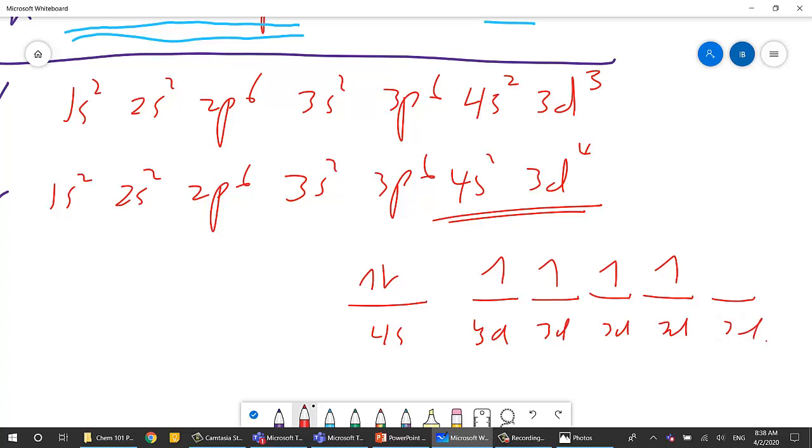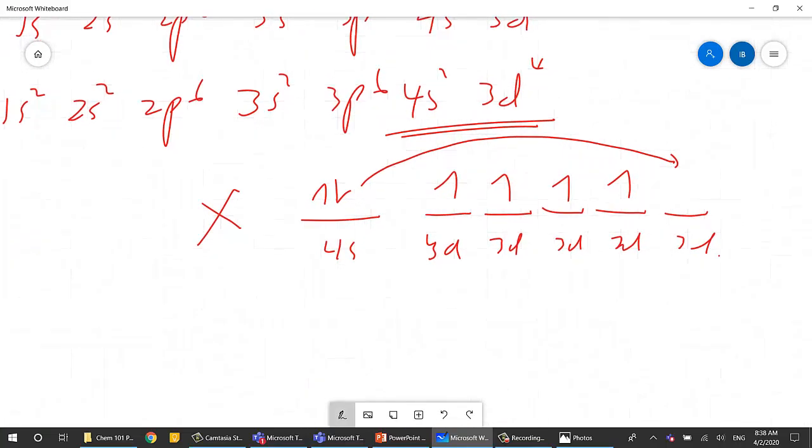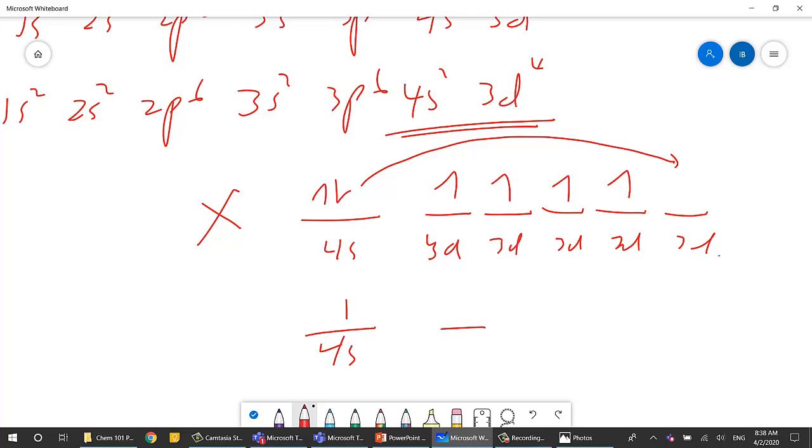So what happens here is that this is actually not the correct configuration of chromium. This electron likes to jump here to get what we call half stable. So this leaves you with 1 electron in 4s, and then 5 orbitals all filled with 1 electron. So instead of 4s2 3d4, the correct one is 4s1 3d5.